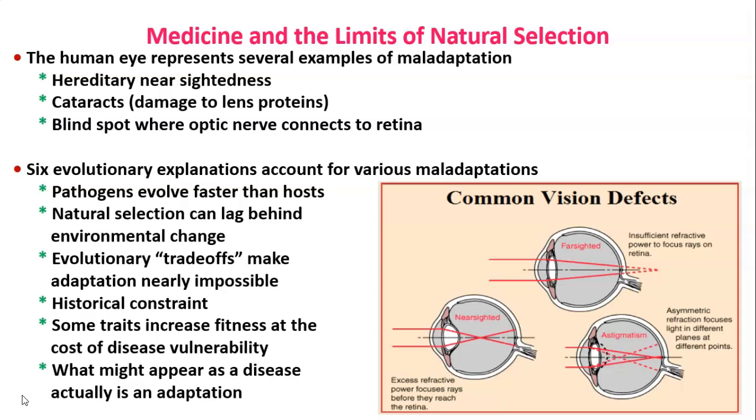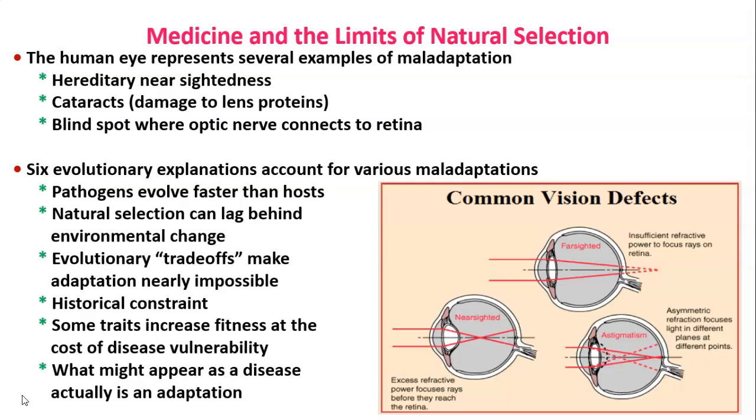So your textbook uses the example of the human eye and how it represents several examples of maladaptation. Hereditary nearsightedness is one of them. A large proportion of people over the age of 50 especially suffer from nearsightedness, and it does have a genetic basis to it.